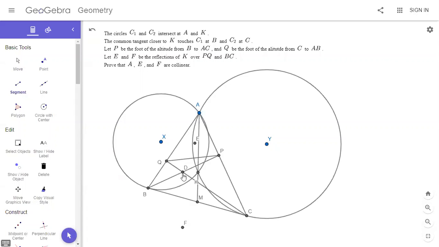And then you're also saying that BK is perpendicular to AM. Let me see if I can think through why that is. Is that obvious?